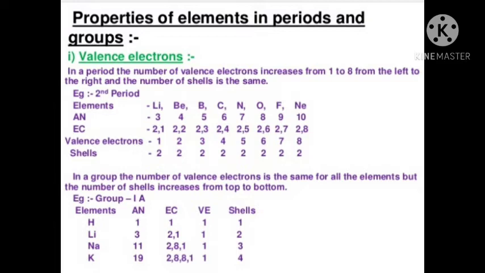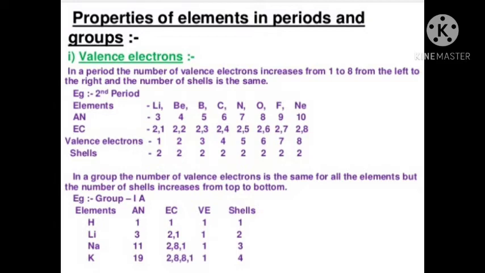Valence electrons 1, shells 3. Potassium atomic number 19, electronic configuration 2, 8, 8, 1. Valence electrons 1, shells 4. In a group, the valence electrons are the same, but from top to bottom, the number of shells increases by 1 unit.